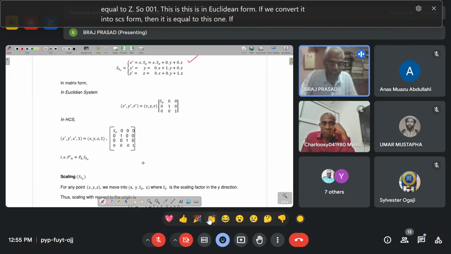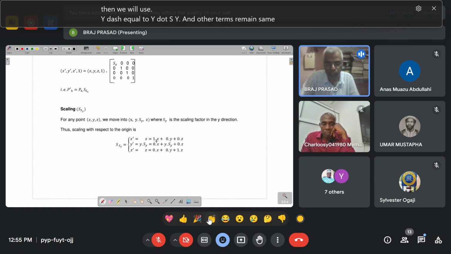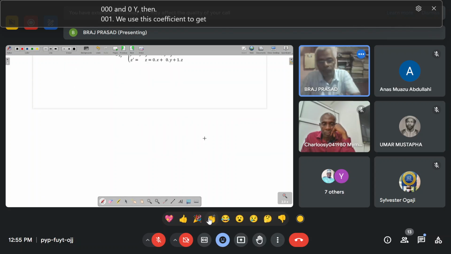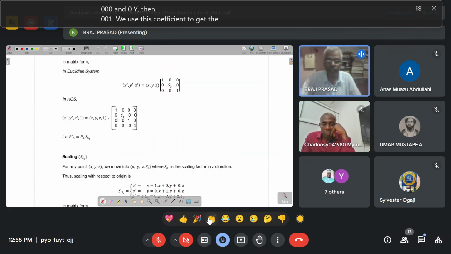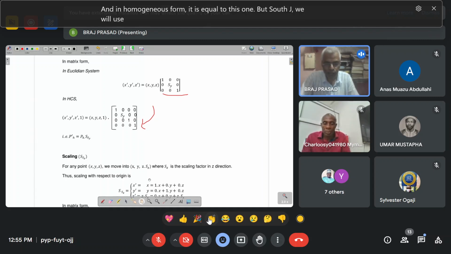If we use the scaling in sy, then we will use y dash equals y dot sy, and the other terms remain the same. So 1 0 0, 0 sy 0, then 0 0 1. We use this coefficient to get the vector, and in homogeneous form it is equal to this one. For sz, we will use this formula.